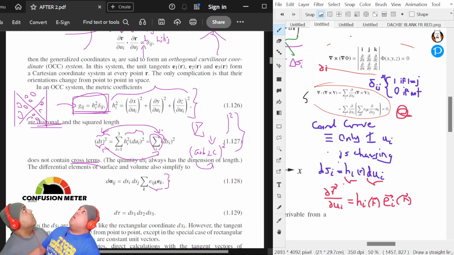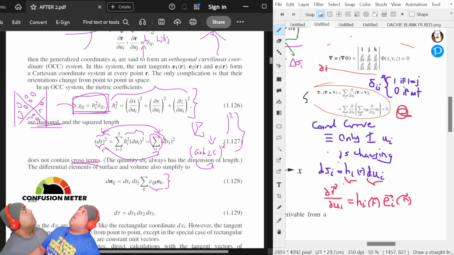We saw that the metric coefficients are diagonal, which means if you represent them in a matrix, only the diagonals will have values. Everything else will be zero. And the square length ds squared equals this.